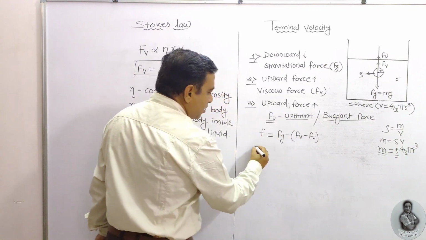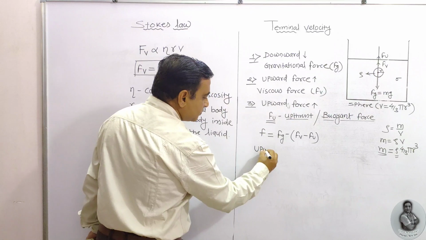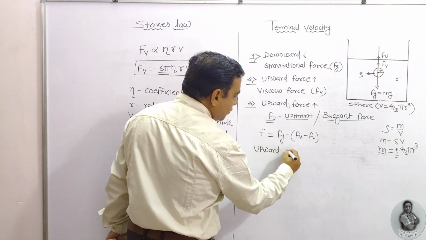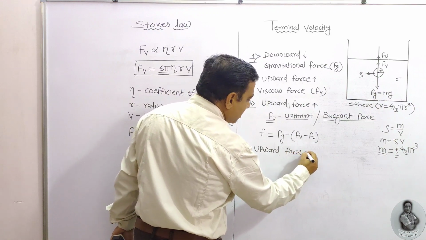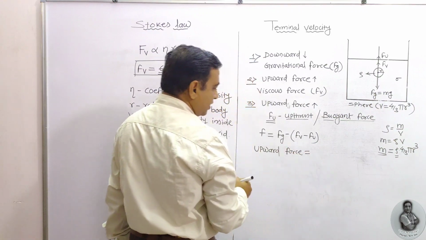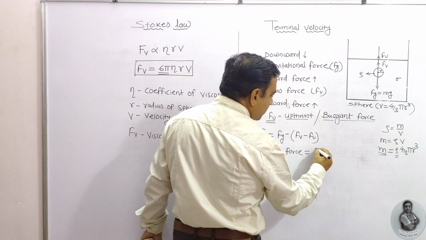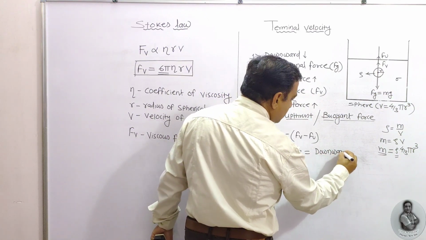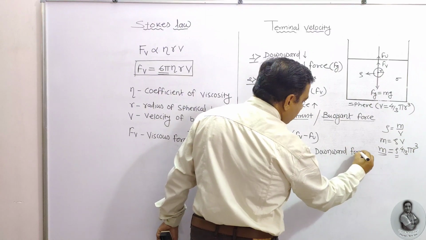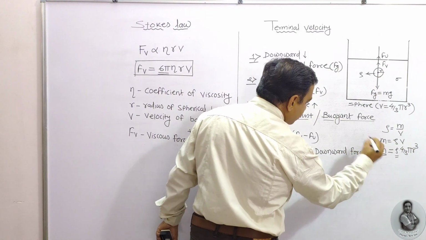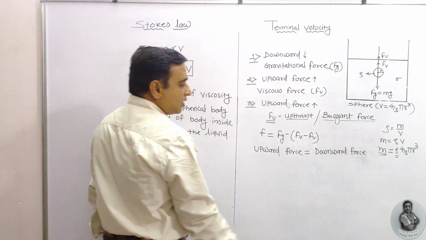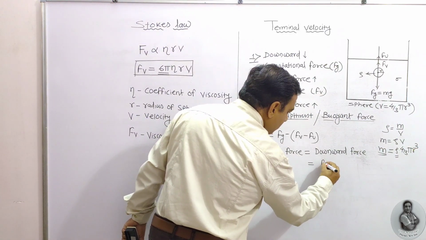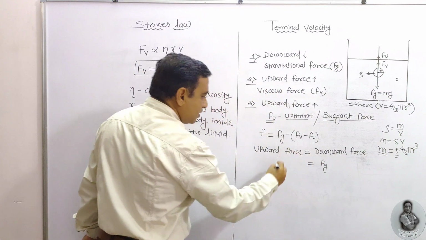But we know that the upward force acting on the spherical body when it passes through the liquid is equal to the downward force. And we know that in the downward direction only one force is acting, that is gravitational force, mg, we say Fg.